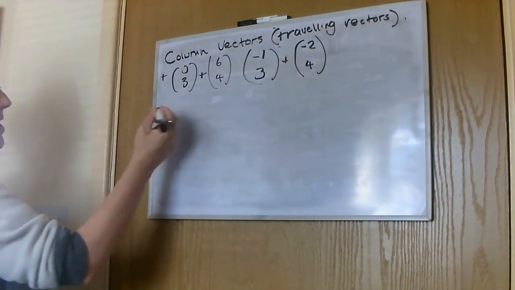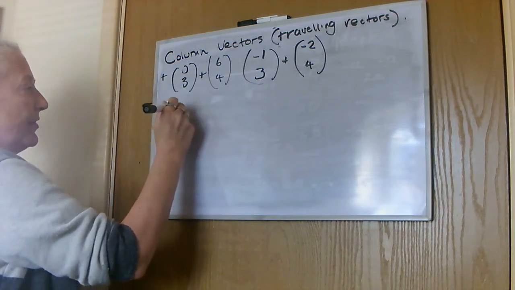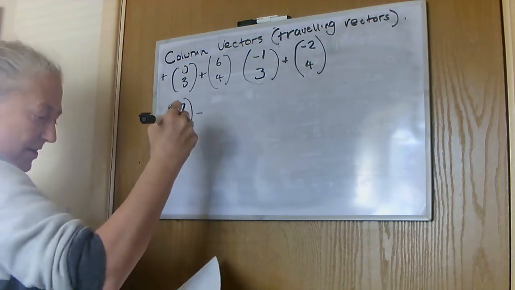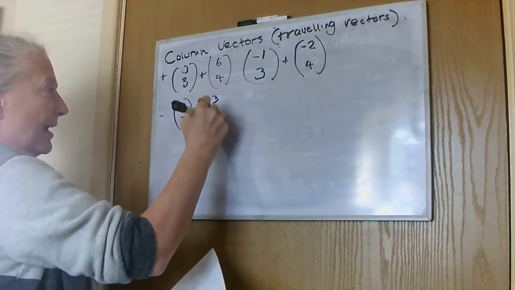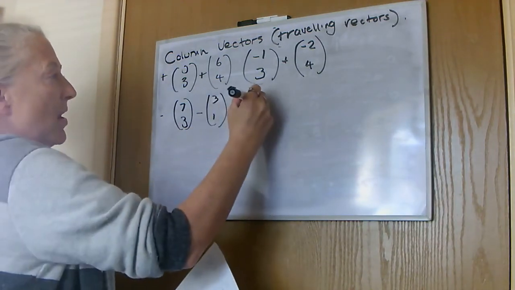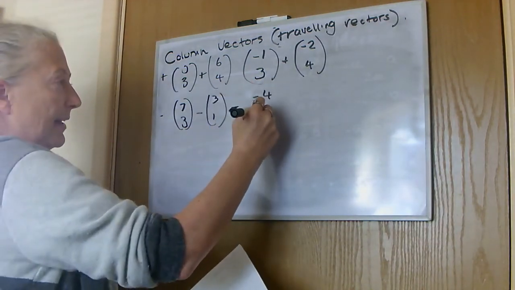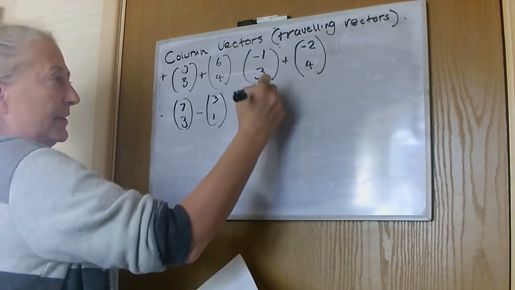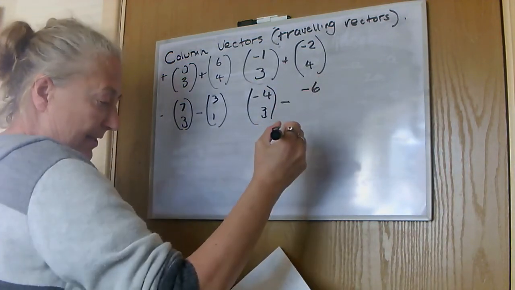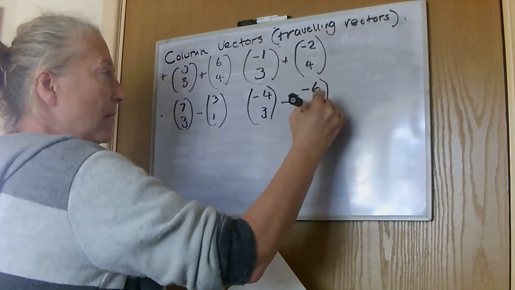Okay, let's do some minuses. 7 and 3 minus 3 and 1. And let's do -4 and 3, minus -6 and 4.